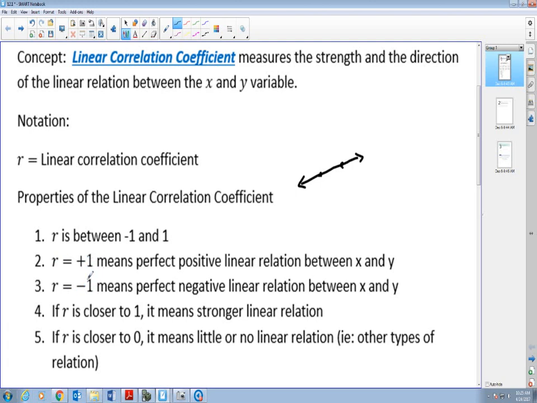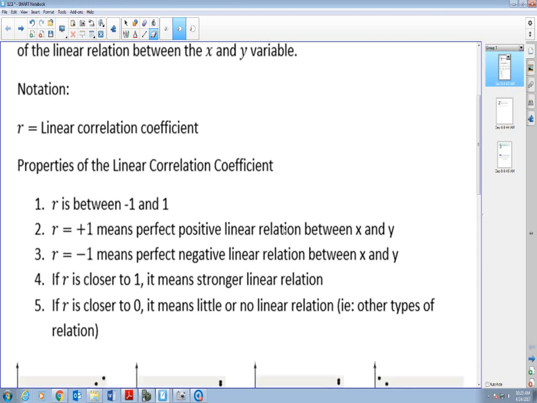The 1 means 100% linear correlation coefficient, because the straight line goes through every single data entry.